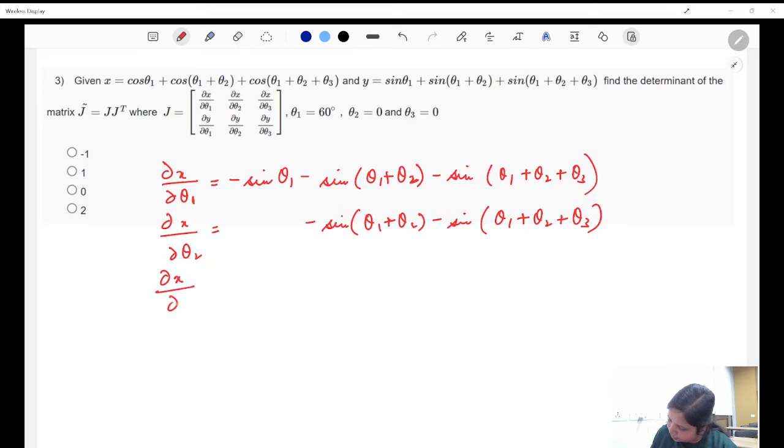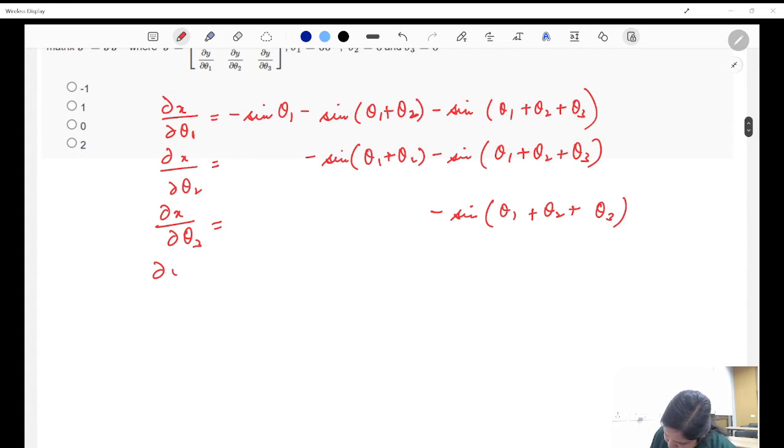When you differentiate with respect to theta 3, the first and second terms would act as constants and their differentiation would be 0. It would just be minus sine(theta 1 + theta 2 + theta 3).